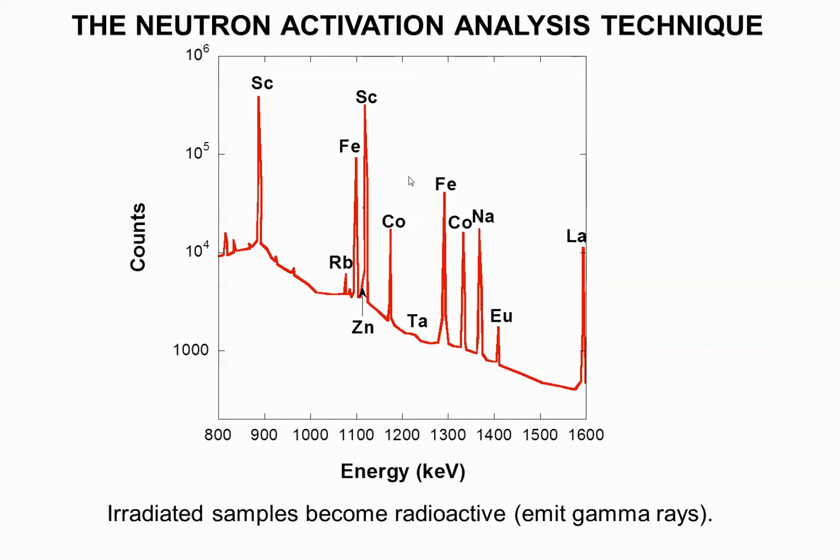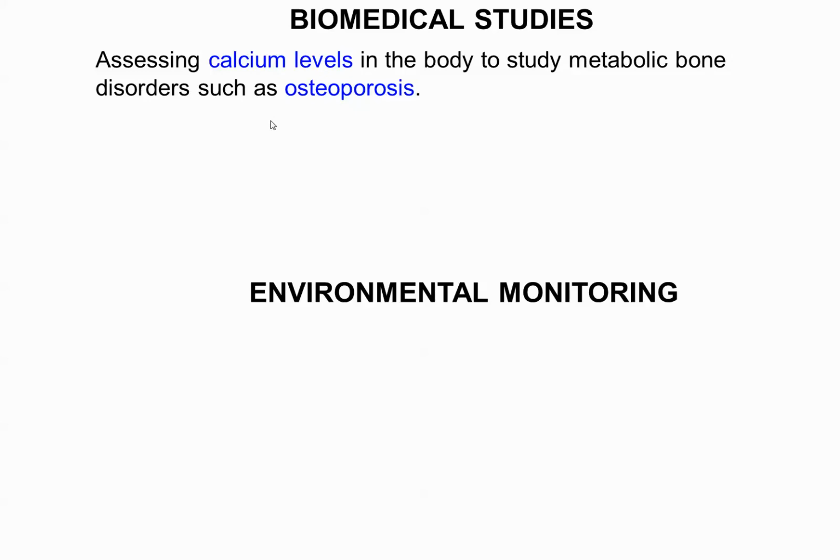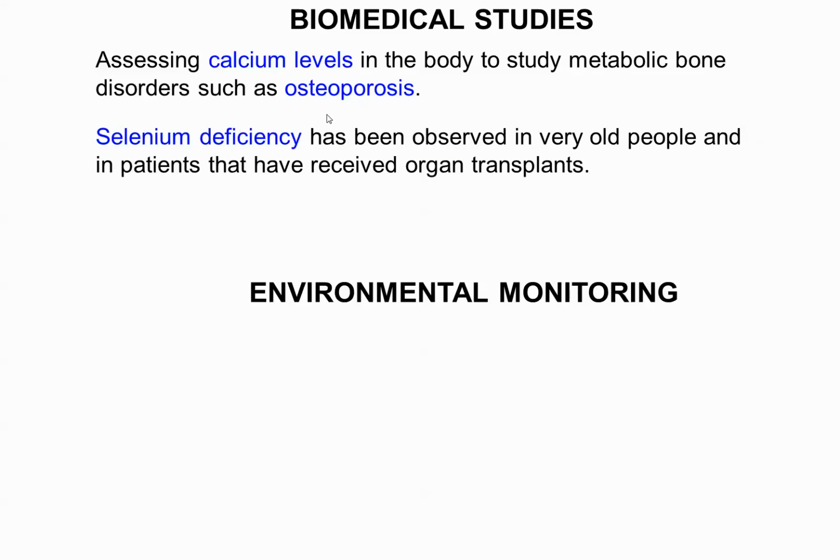We see cobalt, iron, and so on. A few applications: biomedical studies and environmental monitoring. Assessing calcium levels in the body allowed the study of disorders such as osteoporosis, for example.